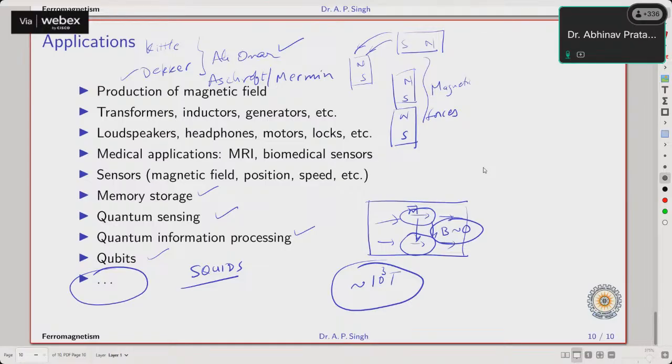Some people work on alloys all the time, and they always try to synthesize new types of alloys which have some novel properties which are generally not found in nature. But as far as magnetism is concerned, whatever block of alloy you have, okay, there is a limit to how much magnetic field this block can produce.